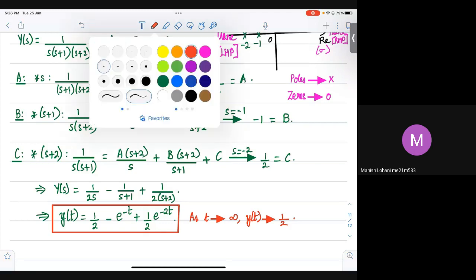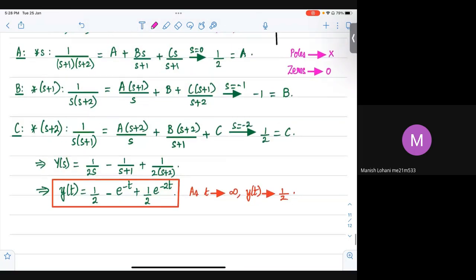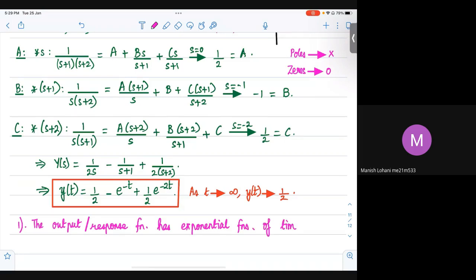Now two observations are extremely critical. We can see that the output, or the response function, has exponential functions of time. That is observation number one. For the class of systems that we are considering, the output function, when we analyze it with respect to any input, will always contain exponential functions.